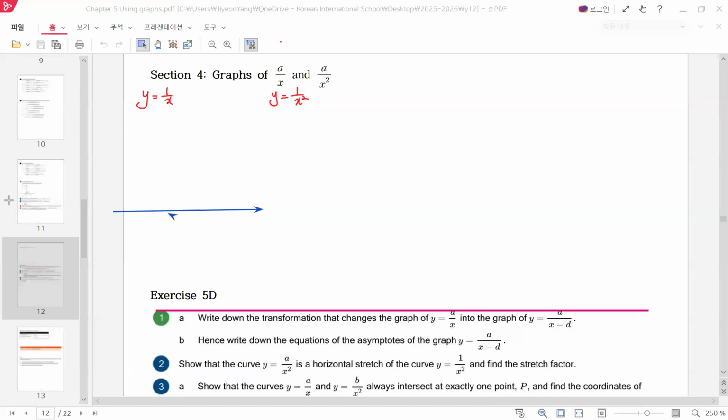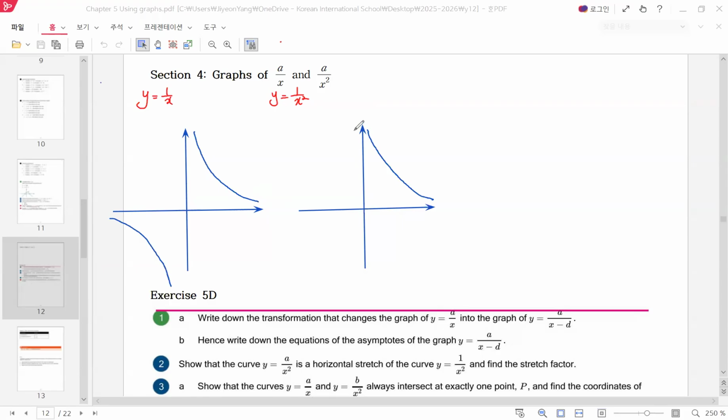X-axis and y-axis. Then y equals 1 over x was drawn this way. Y equals 1 over x squared was drawn in this way.